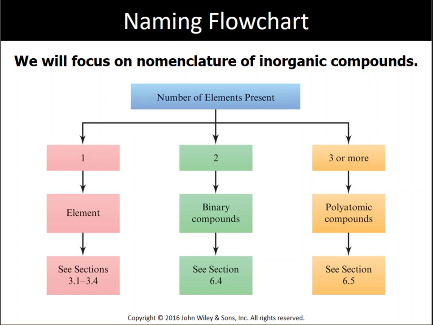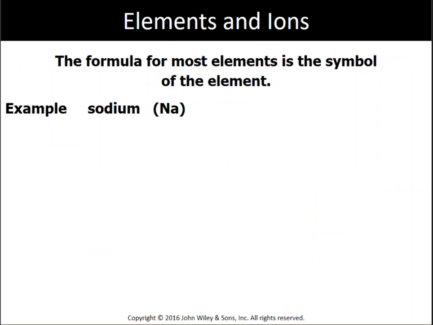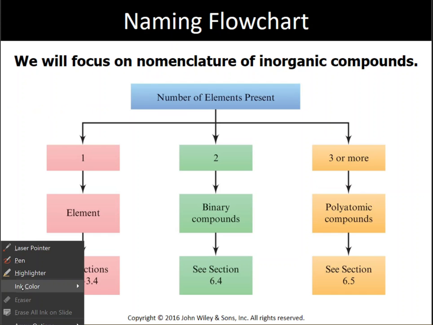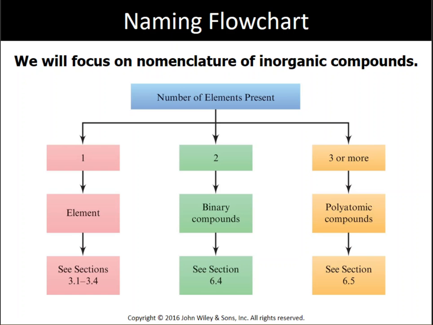So we're going to look at the naming of different materials, and we're going to classify these materials into two groups. We're going to look at binary compounds and also ternary compounds. Binary compounds are any compounds that are composed of two elements.